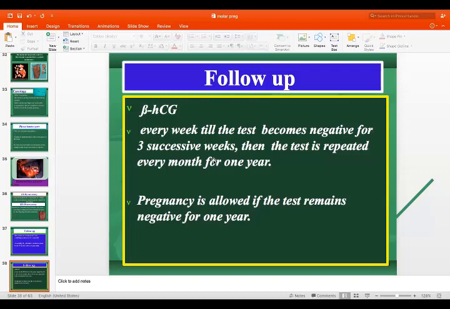So it is done weekly till it becomes negative for 3 successive weeks. Then it is repeated every month till 1 year. And pregnancy is allowed if the test remains negative for 1 year. So she should practice contraception for 1 year.